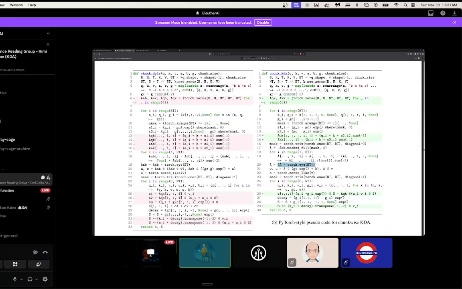But you raise a good point. They're still doing this sequential operation here, and why that would be faster than just working out U and W directly is not completely clear to me at this point.